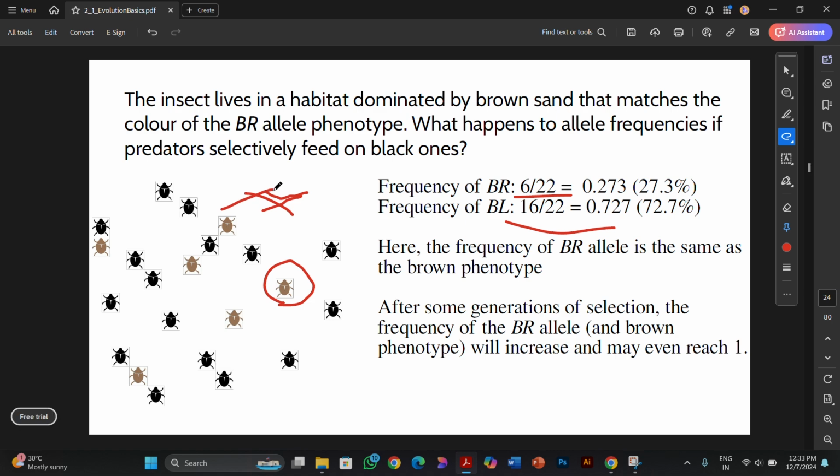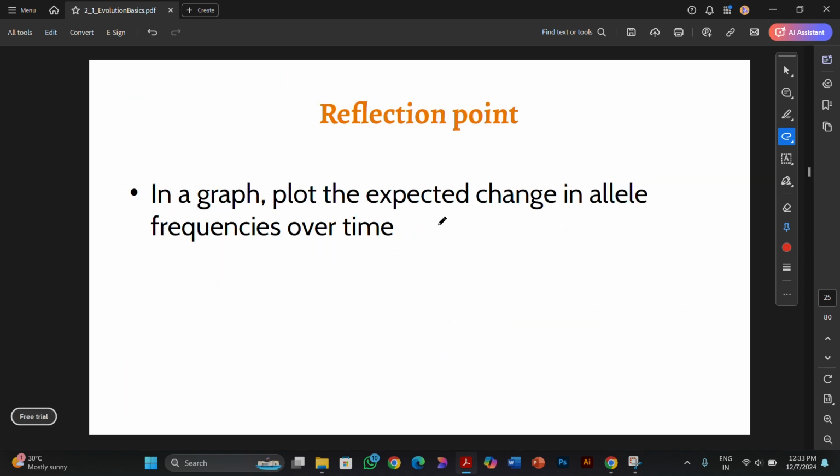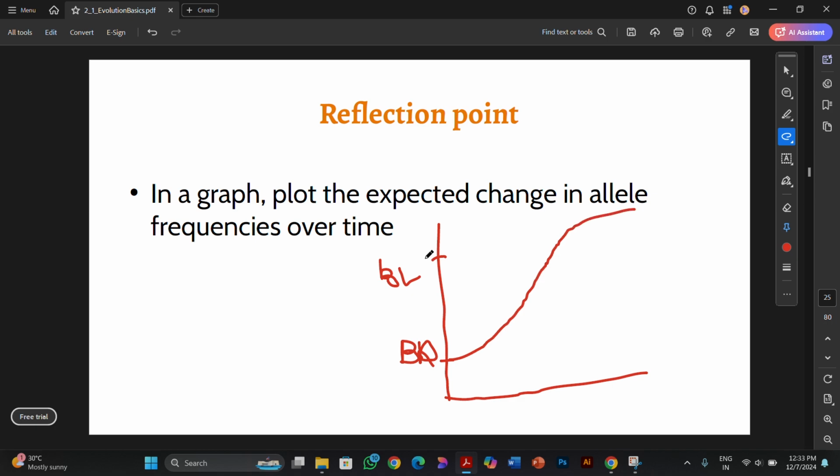Now we can draw a graph. Let's check this. So now we can plot a graph for this. This is the frequency of the brown ones, and this is the black ones. This is suppose BL, and this is suppose BR. So through time, the frequency of BR will increase till almost 1, and this will come to almost 0.